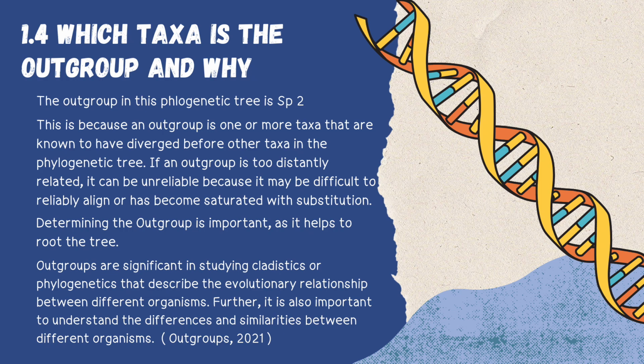If an outgroup is too distantly related, it can be unreliable because it may be difficult to reliably align or has become saturated with substitutions. Determining the outgroup is important as it helps to root the tree.